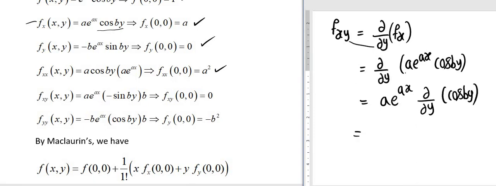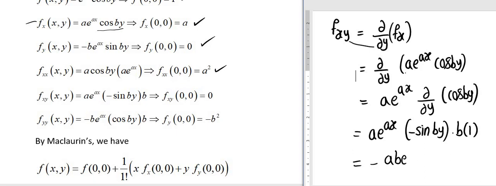We know the differentiation of cos, that is minus sin by. In by, b is constant, for y it is 1. Therefore, f_xy value is minus ab e power ax into sin by.